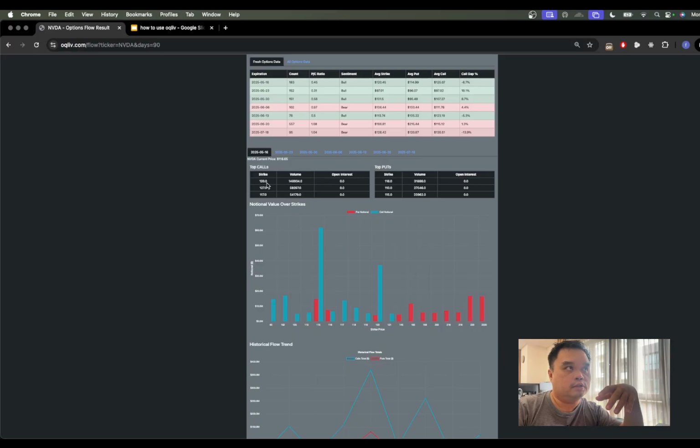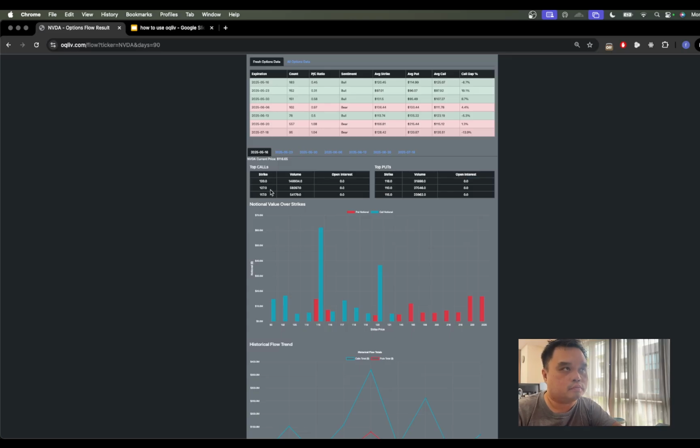At the strike of 120, we are looking at about 148,000 volumes of NVIDIA being traded, and it has zero open interest, which is a very good sign that NVIDIA is going to climb up during this week.